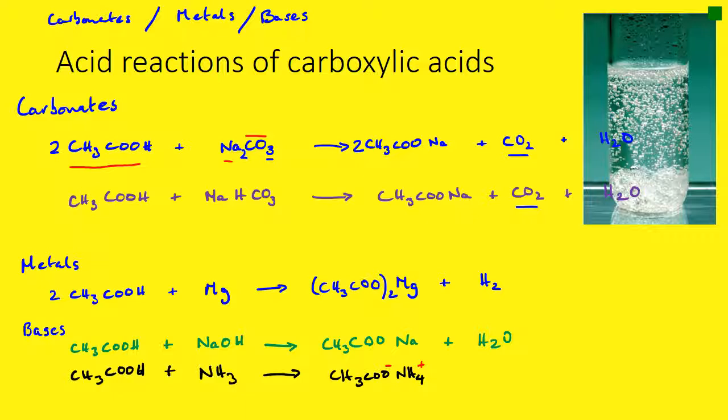We don't get any water off, because that hydrogen is just combined with the whole of our ammonia molecule. And in this case as well, you won't see much happening because the reactants are clear, colourless, and so is the product. But you will get heat given off. It's an exothermic reaction, and you would notice the temperature increase.